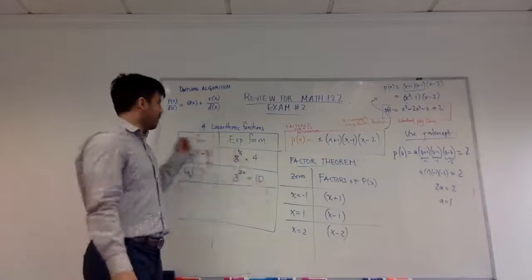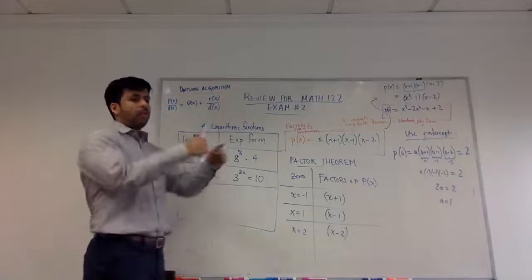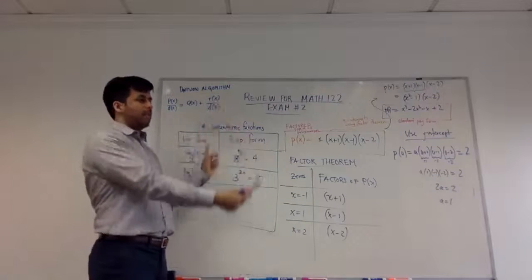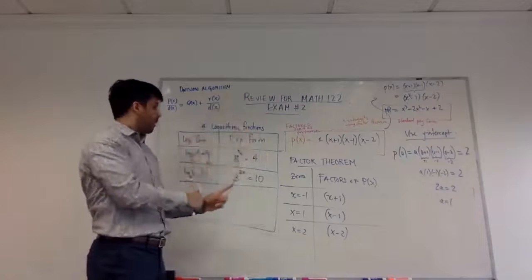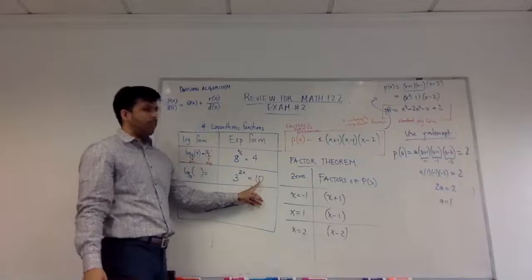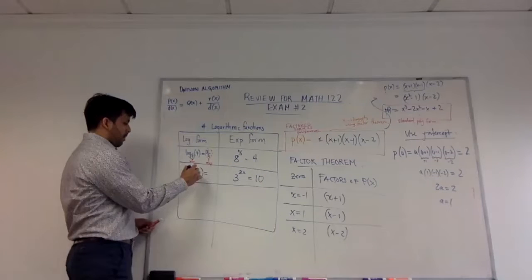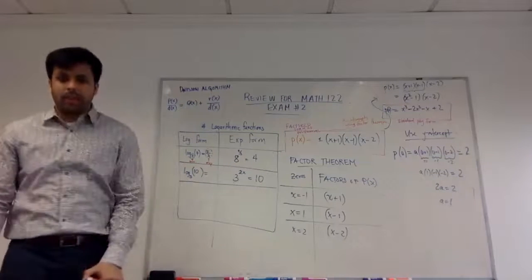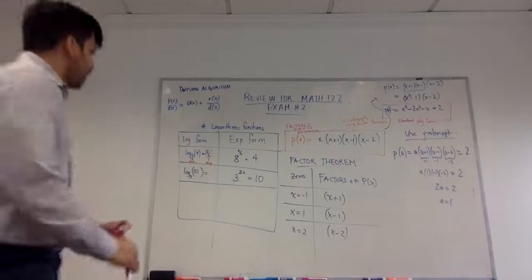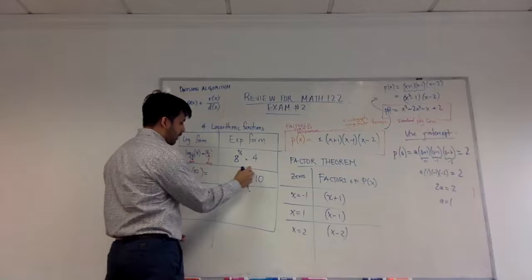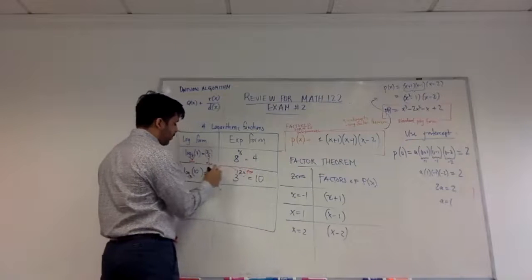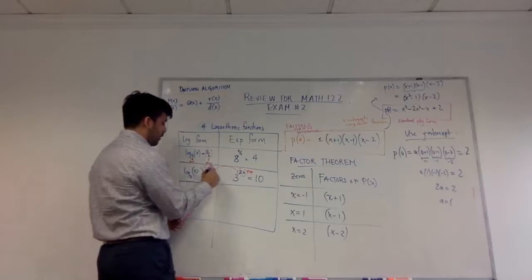Because remember, logarithmic and exponential functions are inverses of one another, which means that my domain and range, my input and output, are swapped. So if this is my output for an exponential function, then this will be my input for my logarithmic function. And then what's my exponent here? It's 2x. And remember, logs produce exponents. So this will be 2x.